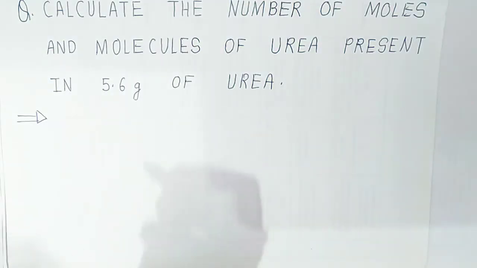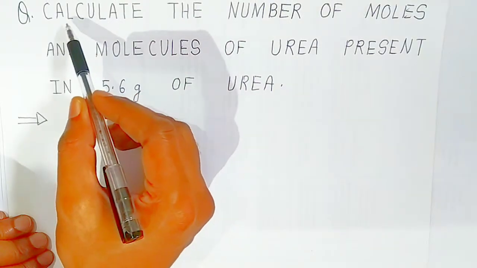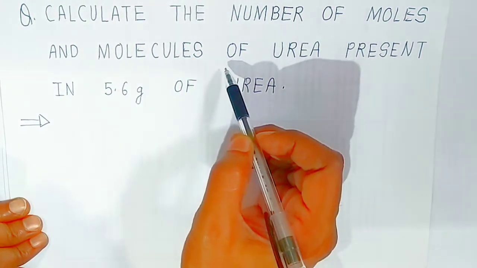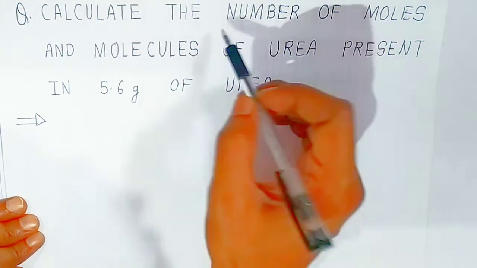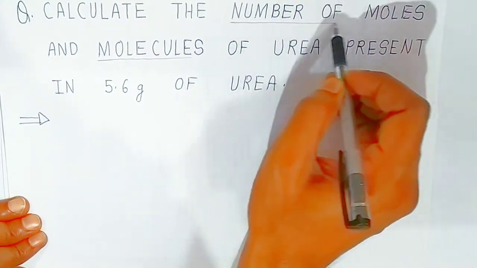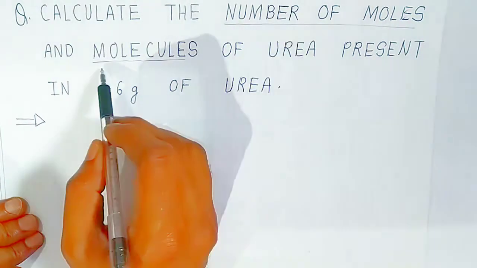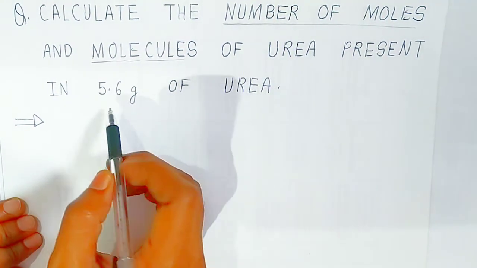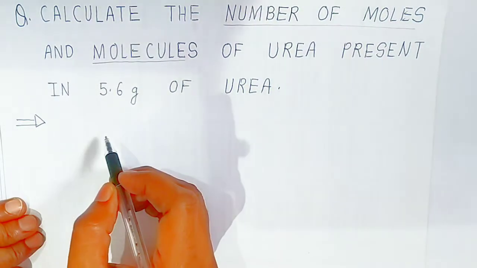Now, students, very important for the examination, sometimes they ask questions like this problem: calculate the number of moles and molecules of urea. How many moles of urea are present, and how many molecules? So here we are going to solve 2 questions, students: the number of moles of urea and the number of molecules of urea present in 5.6 gram of urea. That means here the mass of urea is given. So, students, how are you going to solve it?